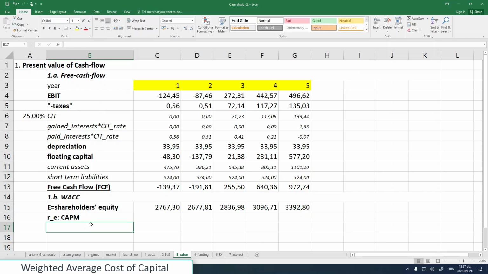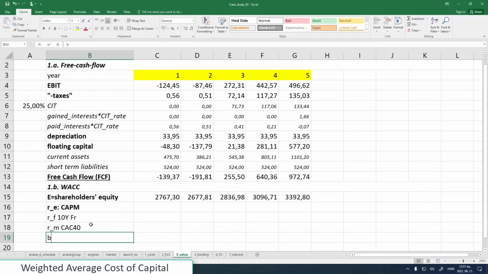We need RF, the 10-year bond rate from France. Then we need RM, the stock market index from France, and we need the beta from the Damodaran database. After that we have all the ingredients.